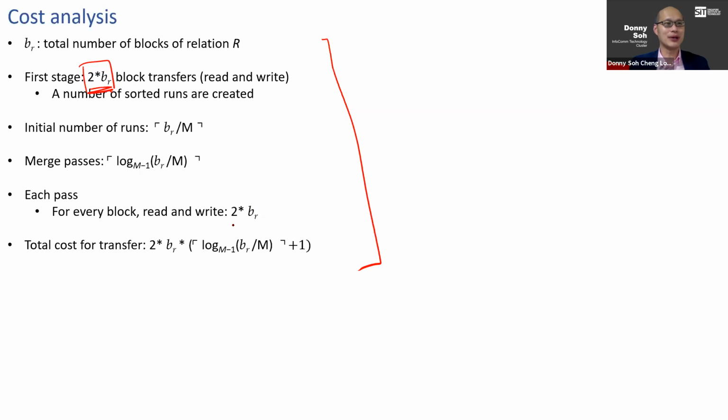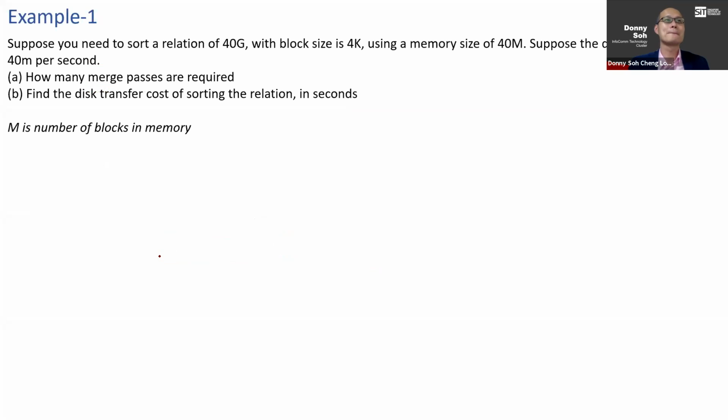And for every pass, you do your read and write again. Then you add all these together to get this formula. This was something we went through on Tuesday. We had this example, and I asked you all to calculate it yourselves. So let's go through this once again.